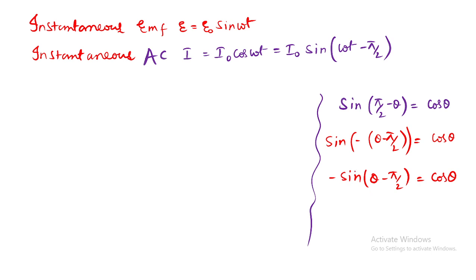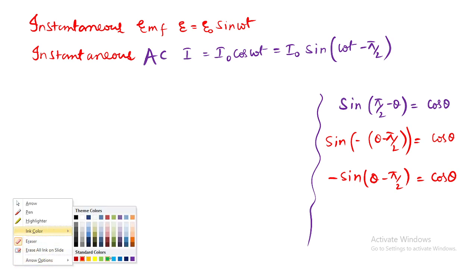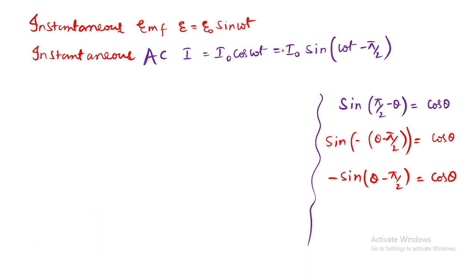Yes or no? This negative sign indicates that the current is lagging. So for this cos theta term, if you are okay with it, I can use that, or else I can use it directly like this. Cos theta means can I write minus sine of theta minus pi by 2? I'll use that only, just adding the minus over here. Is it correct or not?